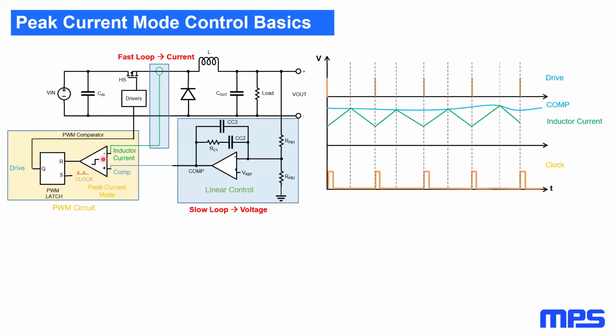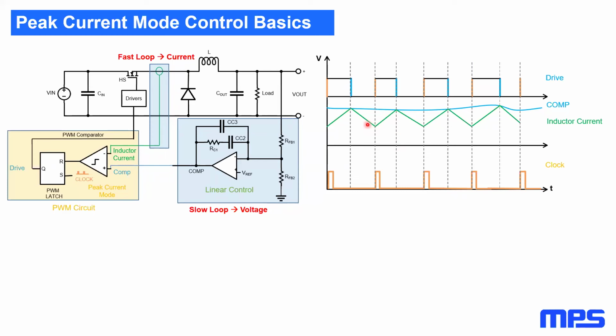And then by using the comparator and this PWM latch, once the inductor current reaches the same value as this compensator signal that we've gotten from the voltage loop, the latch is reset, and it's the signal for the PWM signal to go low.